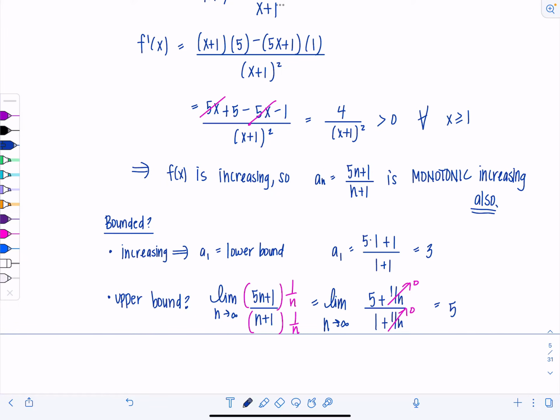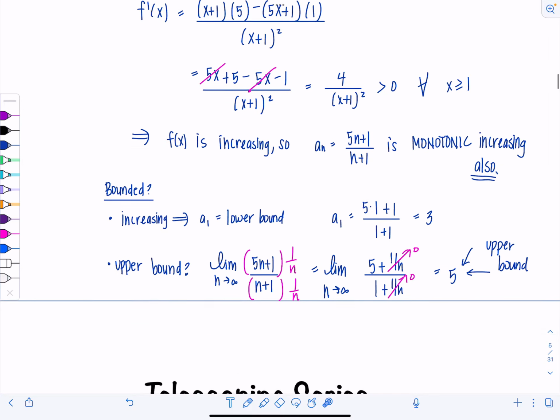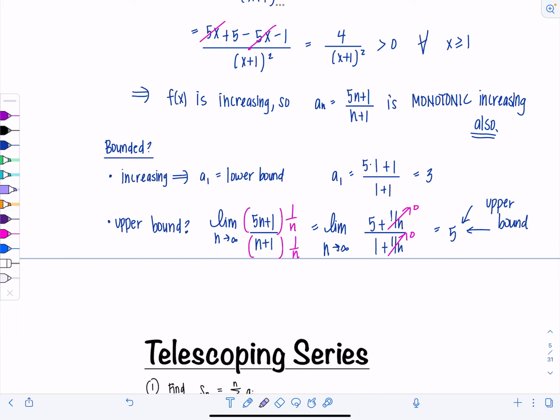Oh, so that's my upper bound right there. That means the sequence does not increase with no limit, yeah? We know it's increasing, but it's going to level off. So that means, yes, it's bounded and it's monotonic.